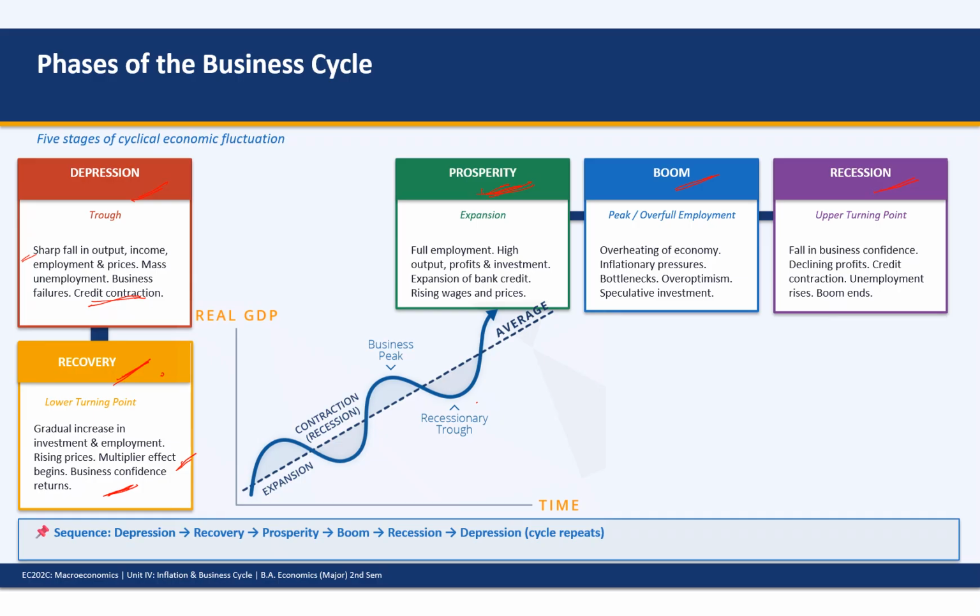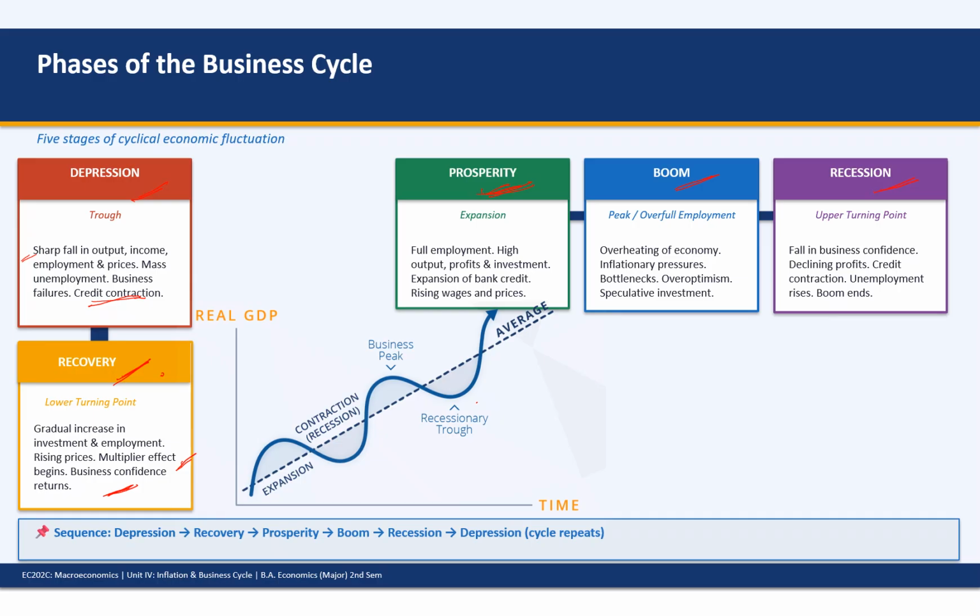Demand remains strong, and the economy experiences a feeling of growth and confidence. However, prosperity can also contain the seeds of future trouble. If demand keeps rising too fast, shortages begin to appear and the economy may move toward a boom.